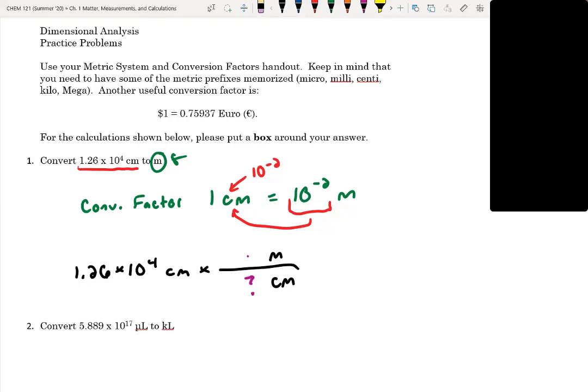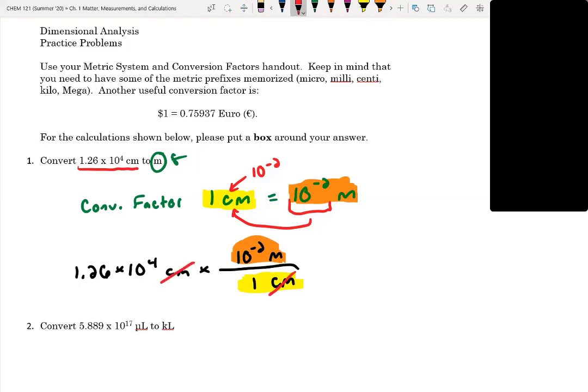So let's go ahead and plug in these numbers. So we know that 1 is going to be paired with centi. So I'm going to put that down here. And we need to make sure that our numbers are always paired with the correct unit, which means that 10 to the negative 2 over here must be paired with the meters unit because that's what's right here. So I always double check that my units cancel.